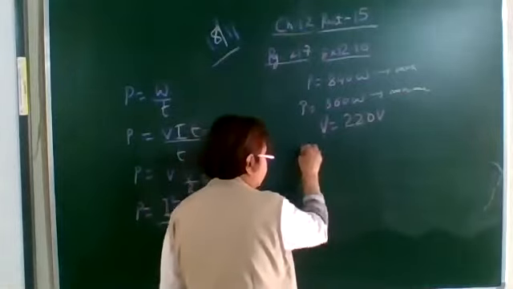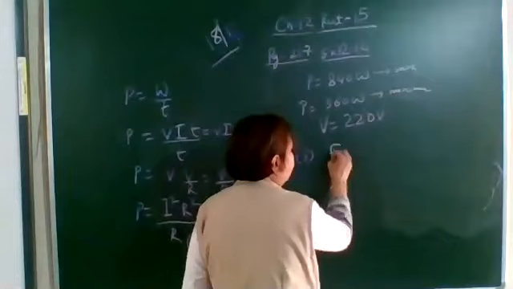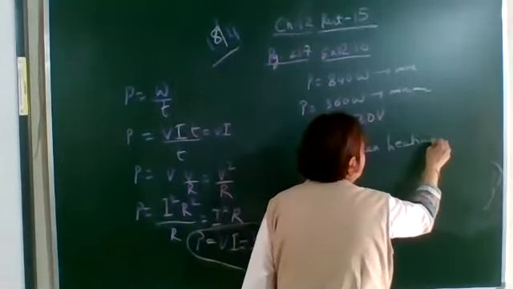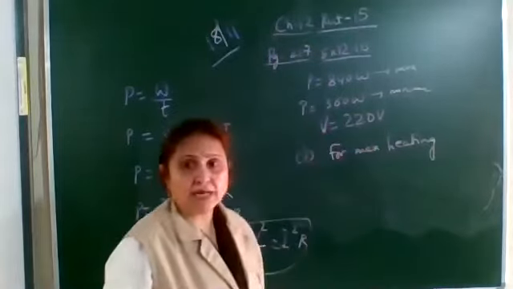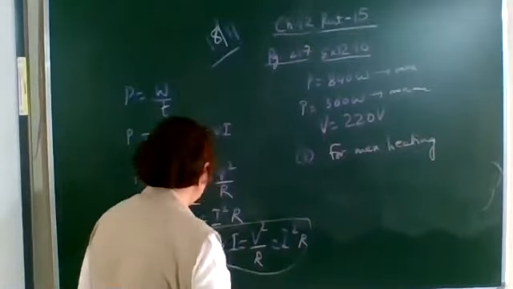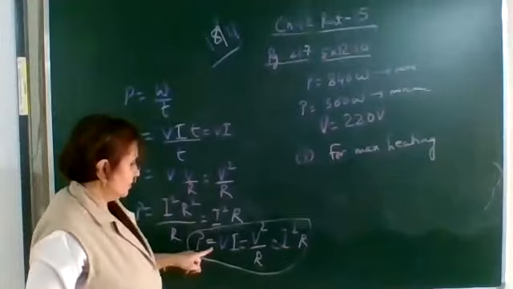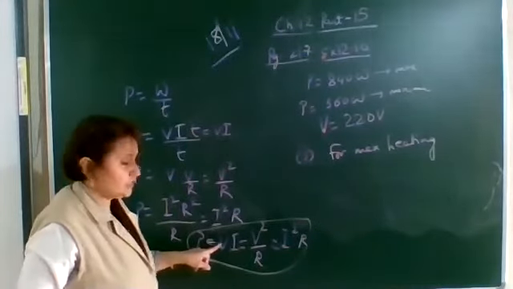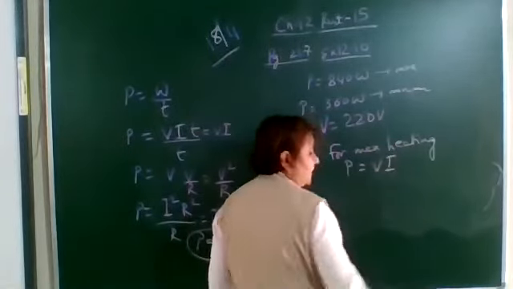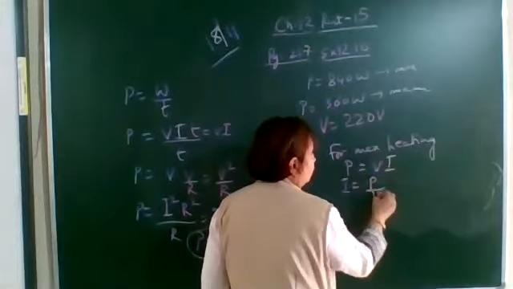The potential of the source is 220 volt, and here you have to find the current and the resistance in each case. The first case is when the heating is maximum. Let's find the current and the resistance. Now see which equation we can use. Here V is given, P is given, so for finding the current, P is equal to V into I. So I is equal to power upon potential difference.